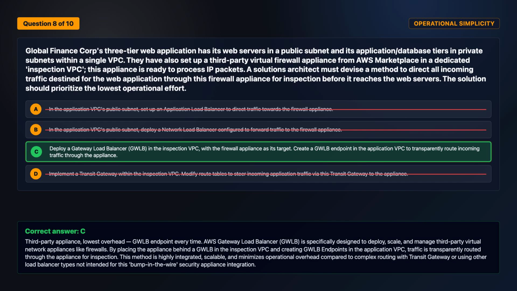By placing the appliance behind a GWLB in the inspection VPC and creating GWLB endpoints in the application VPC, traffic is transparently routed through the appliance for inspection. This method is highly integrated, scalable, and minimizes operational overhead compared to complex routing with transit gateway or using other load balancer types not intended for this bump-in-the-wire security appliance integration.